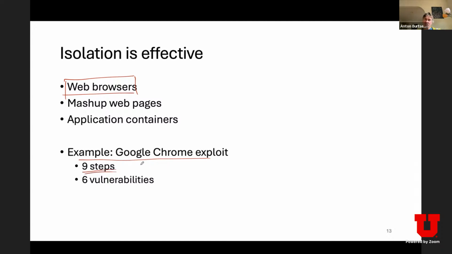Maybe this is an example from a Pwn2Own competition, which requires 9 steps and 6 different vulnerabilities stitched together to essentially escape from the Google Chrome environment, which is obviously significantly more effort-heavy for the attacker, right?